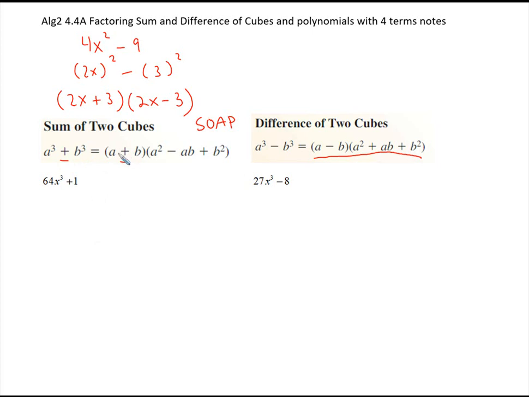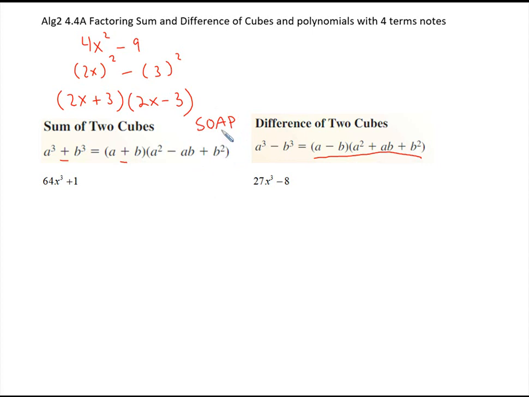So our answer here, the first sign is the same. This middle sign here is opposite. That's why it's O. And then the last sign is always positive, AP, always positive. All right, so that's what the SOAP stands for.